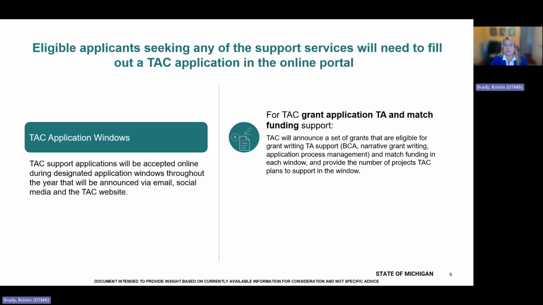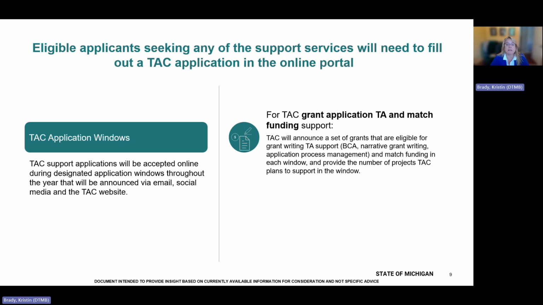All right, how do we get technical assistance from the Technical Assistance Center? You would need to fill out our TAC application in the online portal. And how that works is typically we open a window to apply. And again, this window is open August 1st, today, through the 12th, a very short time frame.